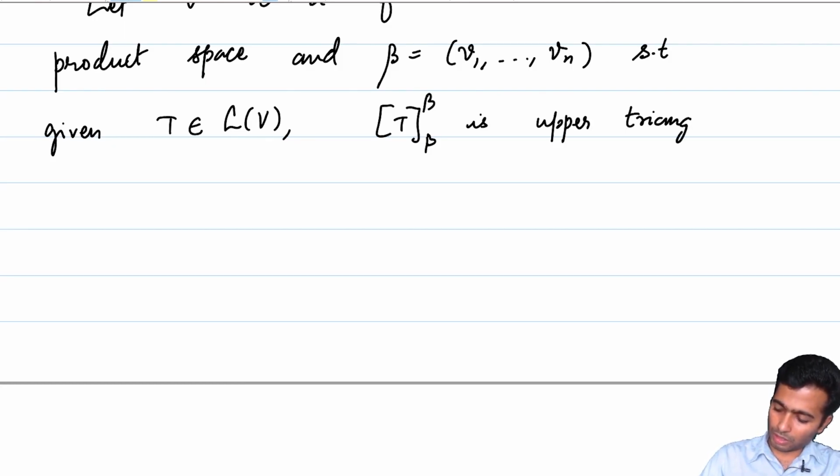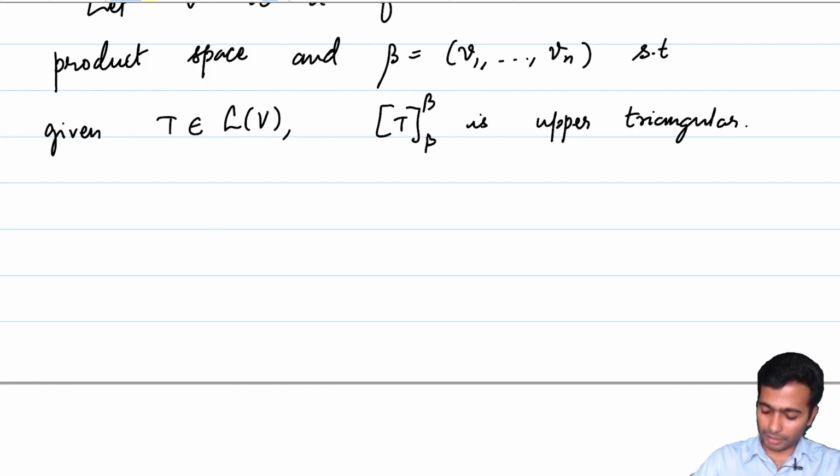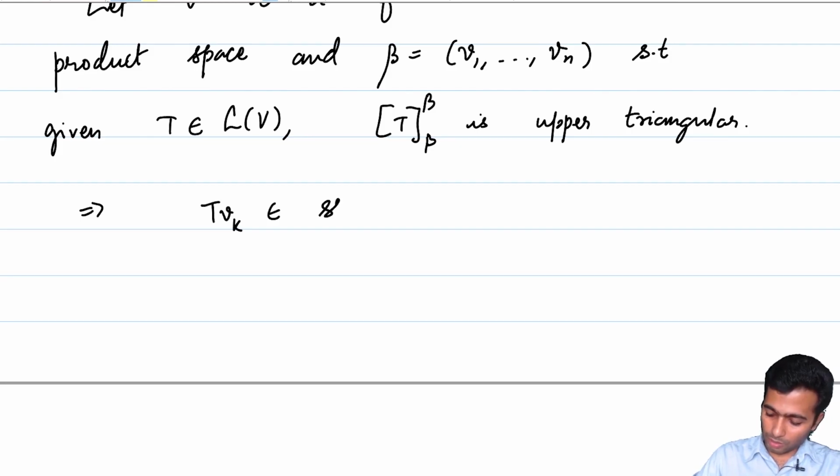What does it mean for the matrix of T to be upper triangular? This means that TVk is in the span of V1 to Vk.